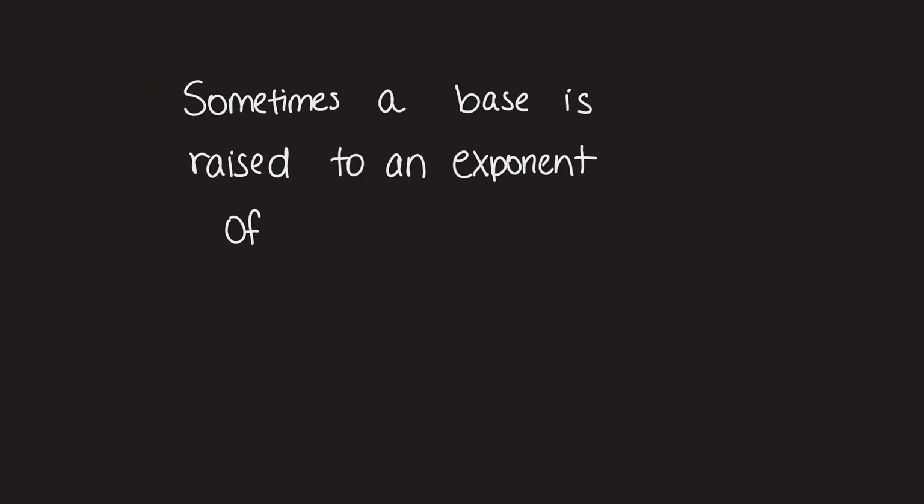So sometimes a base is raised to an exponent of 0, like x to the 0. But what does this even mean? So let's try to give meaning to this expression. Consider the quotient x to the 3rd over x to the 3rd.